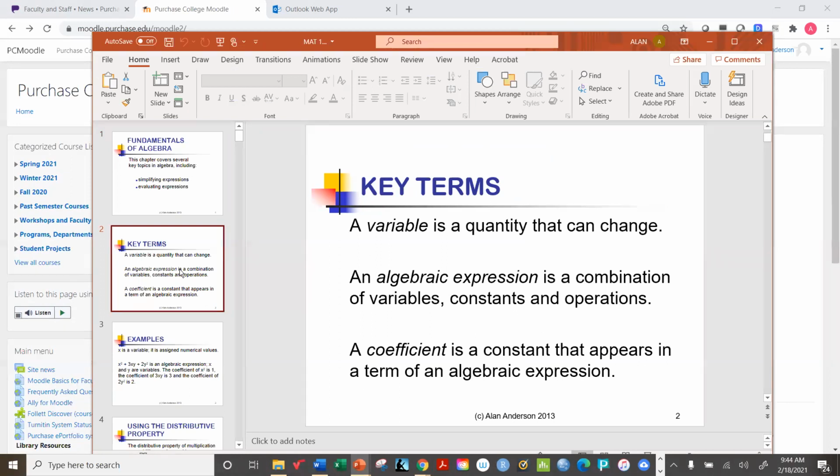A constant, and by the way, the reason why we have this idea is, let's say you have 3x squared plus 7. This is not an equation. It is not set equal to some constant. So we call this an expression to distinguish it from an equation. If I set this equal to 0, it becomes an equation, but right now it is an expression. And it does contain a variable x.